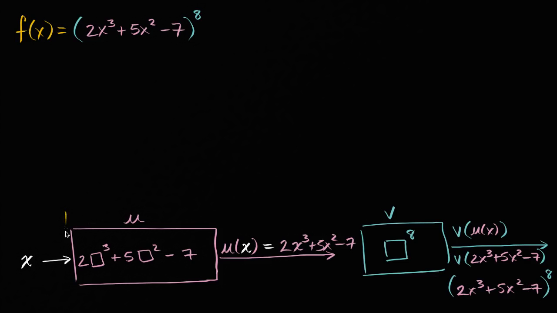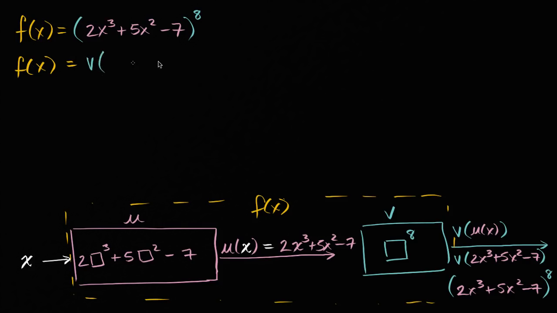So as we just saw, f of x can be viewed as the composition of v and u. This is f of x. So if we write f of x being equal to v of u of x, then we see very clearly that the chain rule is very useful here.